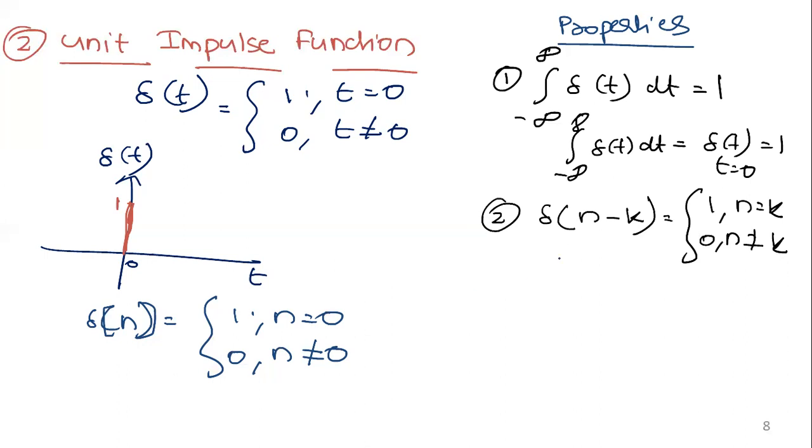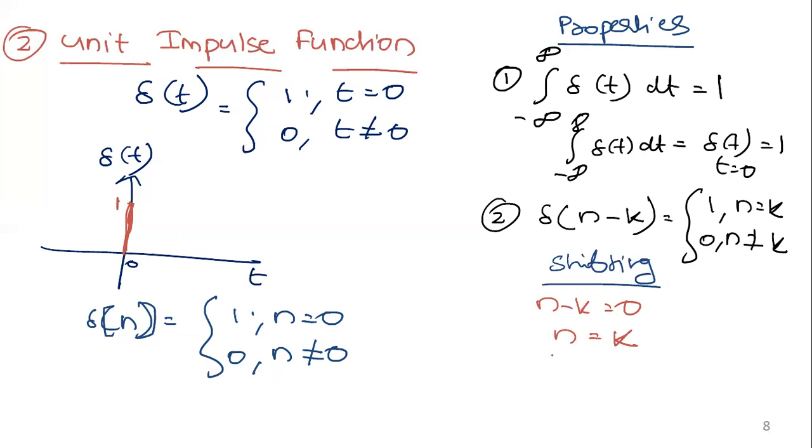Delta of n minus k, and this is about shifting. How do you do the shifting? I will tell you. n minus k equal to 0, so n is equal to k. That means at n equal to k, the value of delta of n minus k is equal to 1, and everywhere else it is equal to 0.